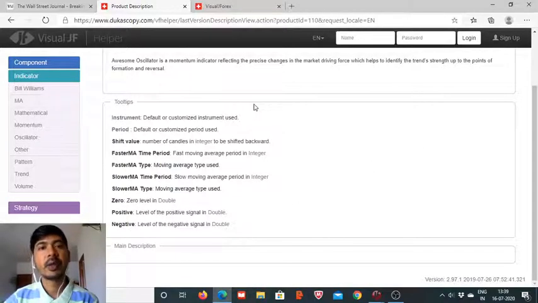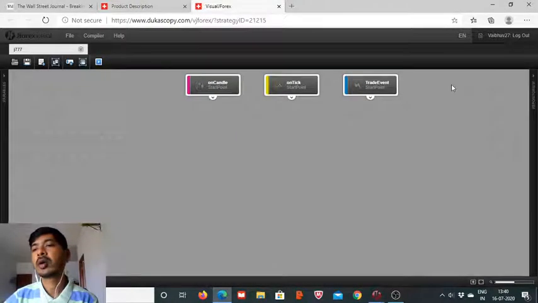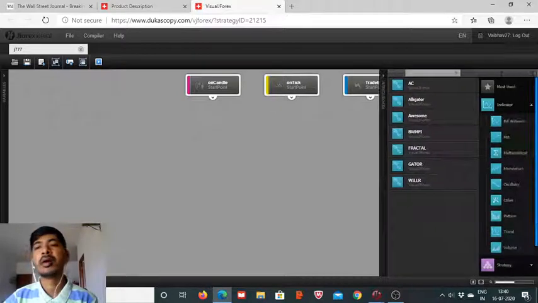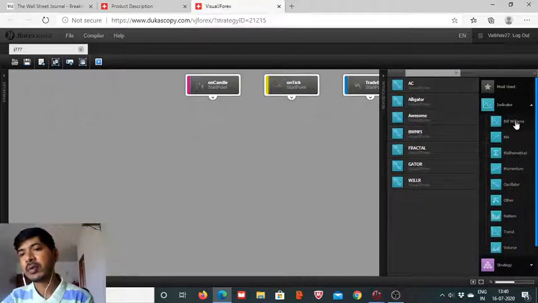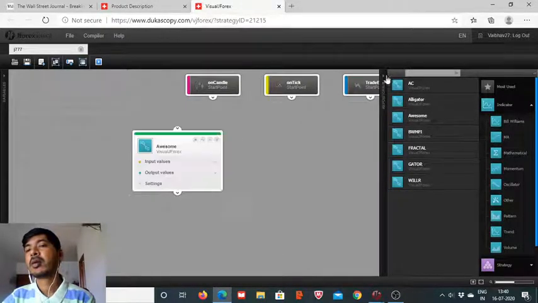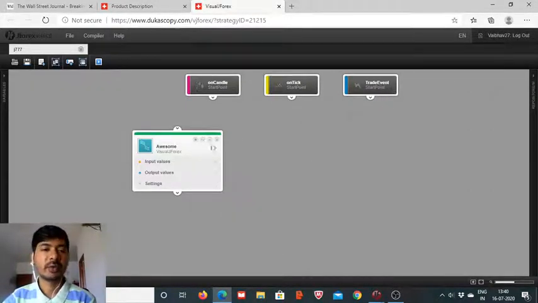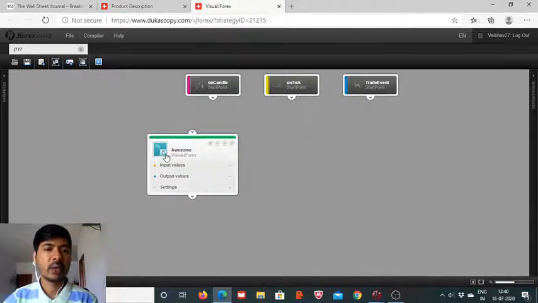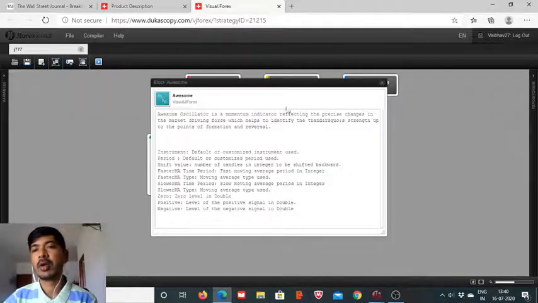And let me show you the block on the platform itself. This is the Awesome Indicator block on the Visual JForex platform. Here you will get a brief summary of its functioning.